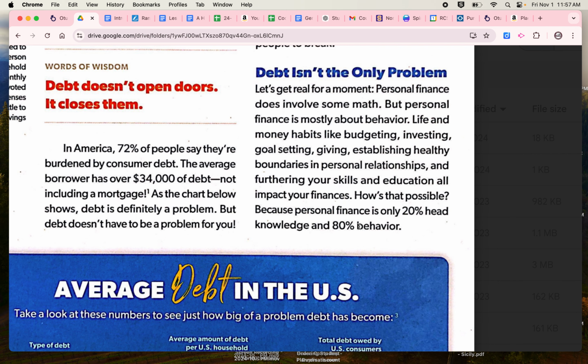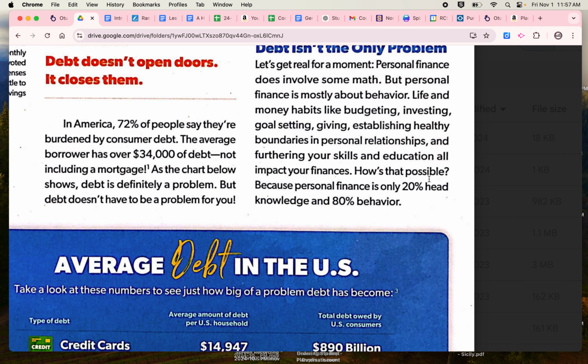How is that possible? Because personal finance is about 20% of what you know, knowledge, and 80% behavior. And I give a good example of this. Most people know that eating salads, fruit, and staying away from candy, fast food, junk food is good.